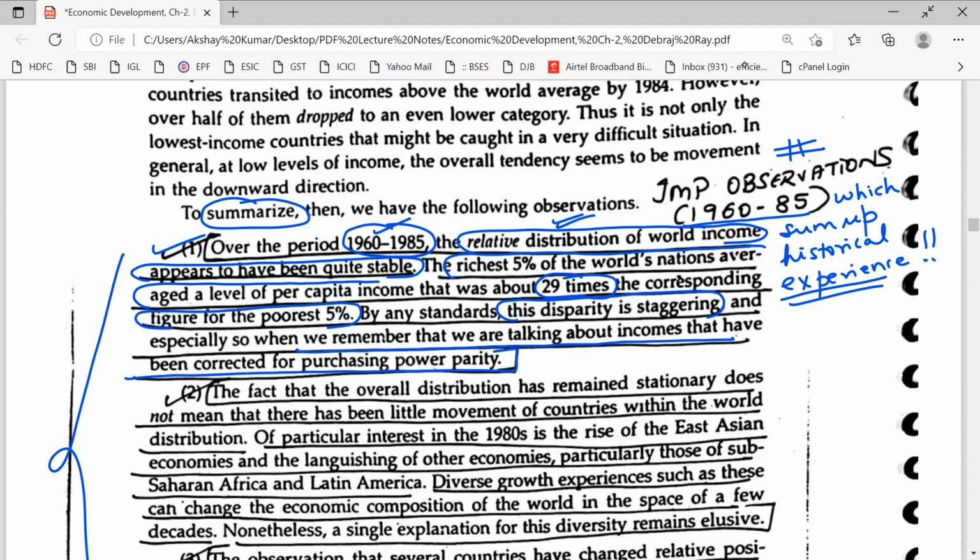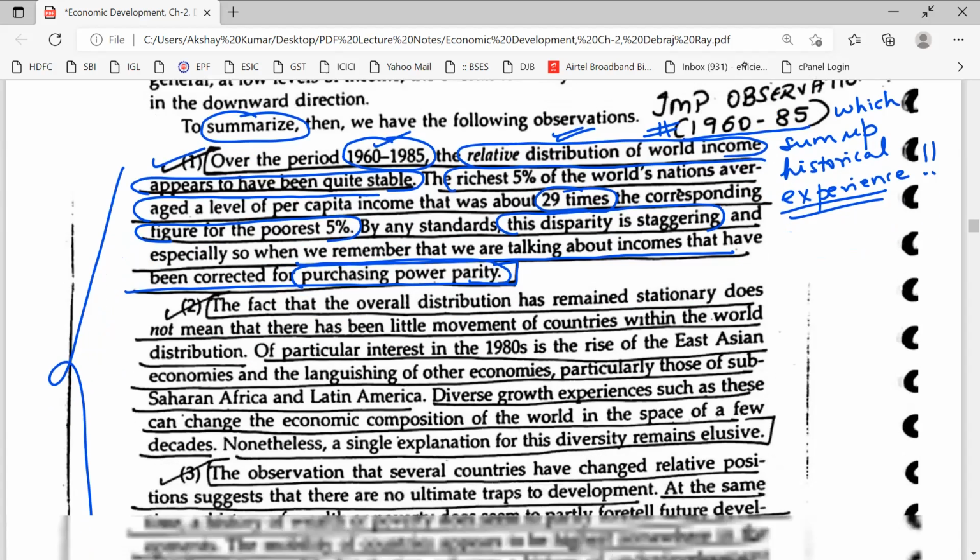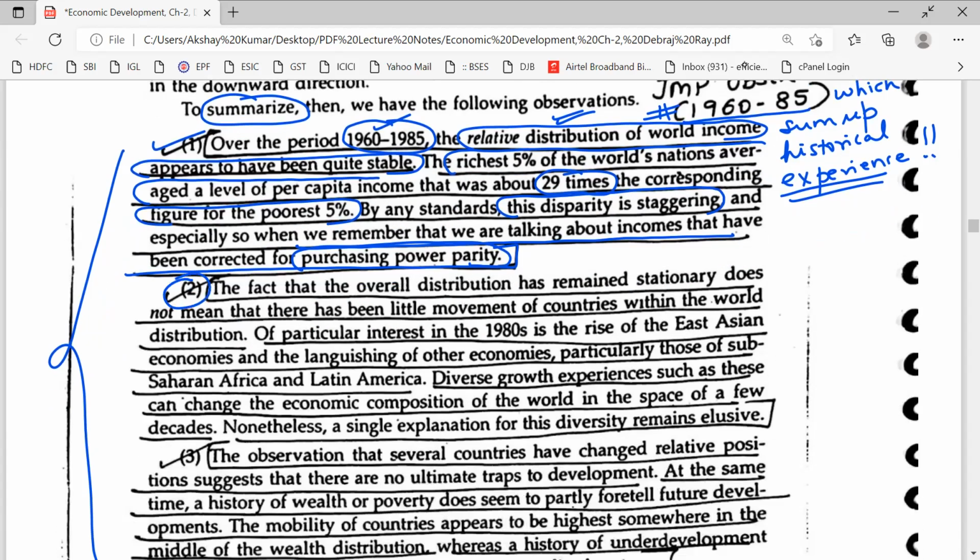Even after correcting for purchasing power parity, the world still appears to be polarized: from 1960 to 1985, the richest 5% of the world's nations had per capita income 29 times larger than the poorest 5%. So the disparity between the rich and the poor is staggering. Okay. This was point 1. Coming to point 2.